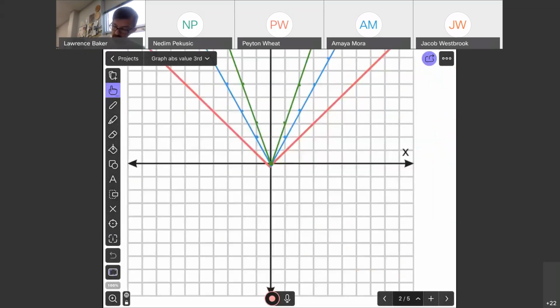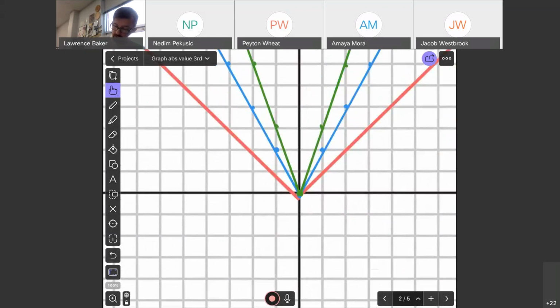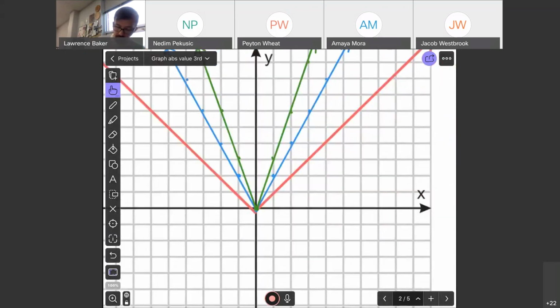I don't know if I showed you guys this in particular on Friday or not. If we look at comparable points, like the value where x is 2, on the parent function, and then on 3 times the absolute value of x, we're looking at the y values. The x value for both of these is 2. So what's happening to the y value? The y value here is 2.